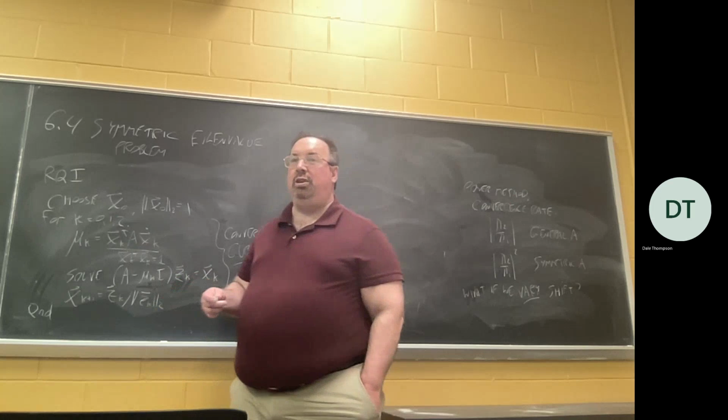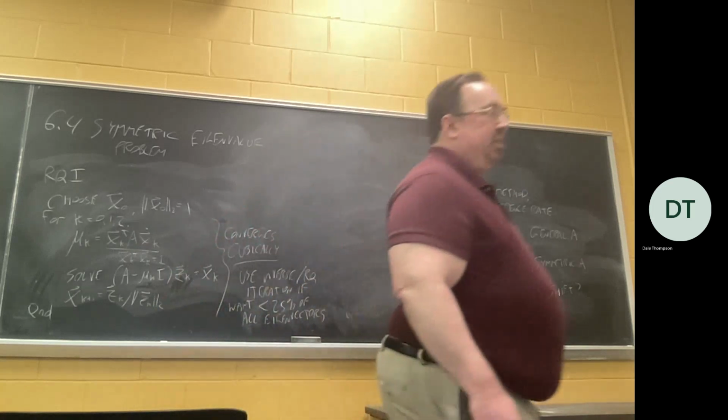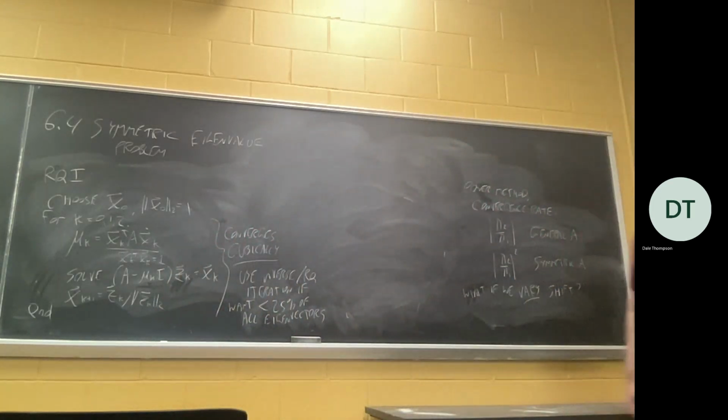Suppose you really do want the largest, then go ahead and choose a large initial shift. And once it starts to show signs of convergence, then maybe let this take over. So there are ways to skew it.